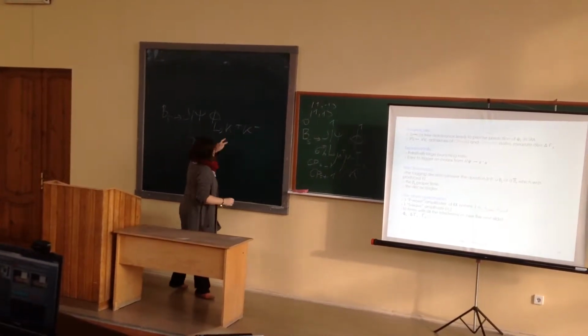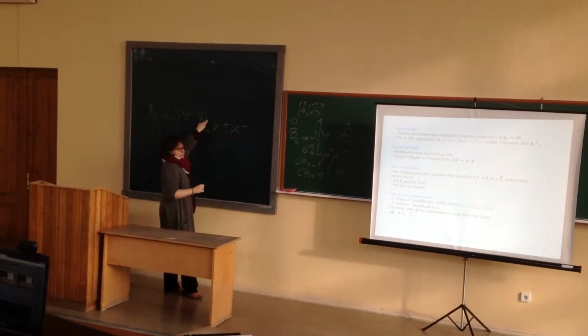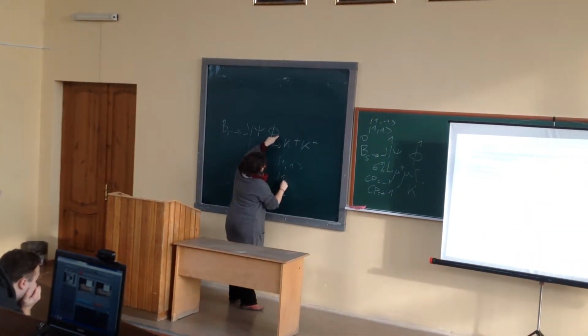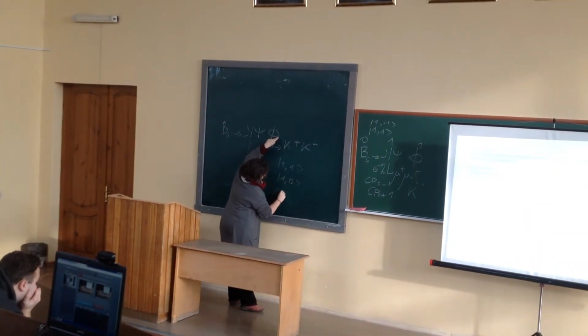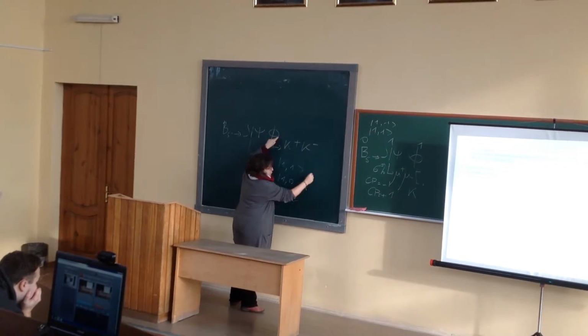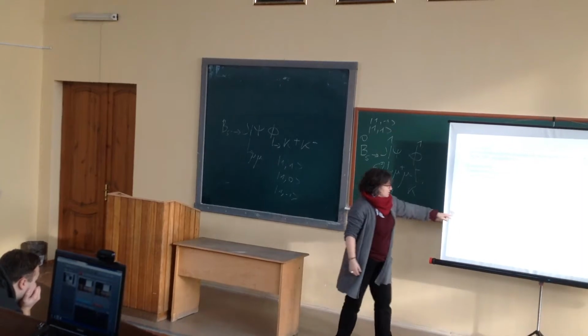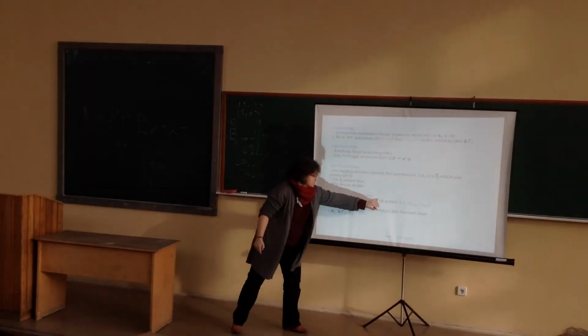I need to know in which state this is: is it 1, 1, 1, 0, 1, minus 1? In which fraction of it? So this is the p-wave amplitude.